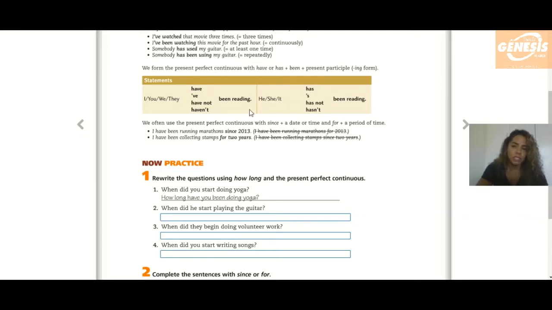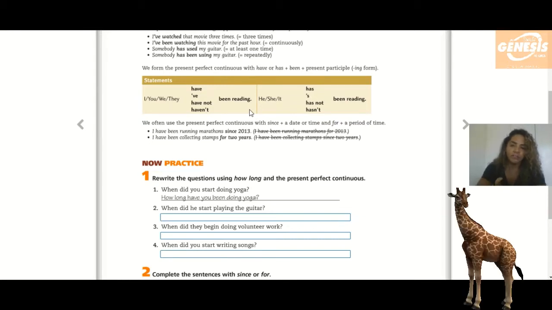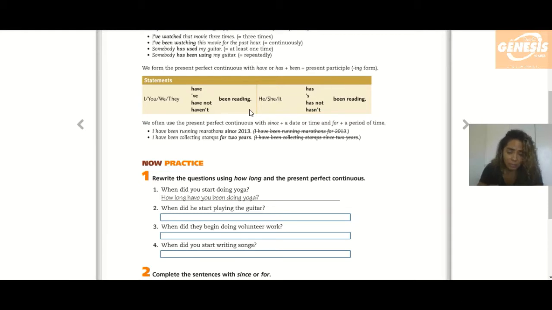So we often use the present perfect continuous with since plus a date or a time, and for plus a period of time. So if I specify the date, I use since. If I say a period of time, I use for.